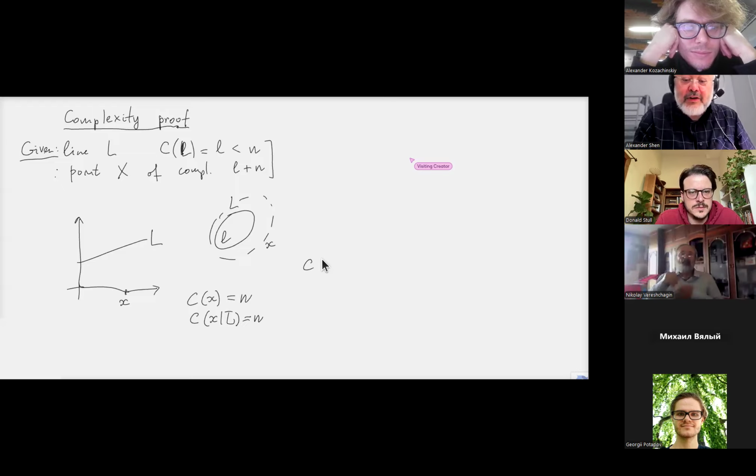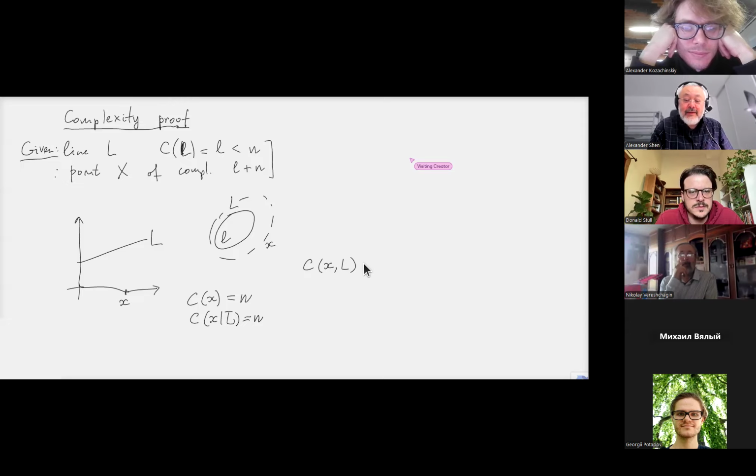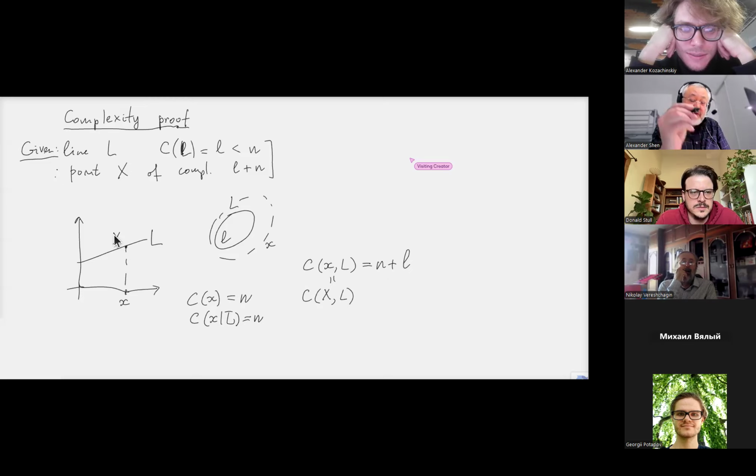So the complexity of the pair x, L is now n plus L. And actually, we can also note that the complexity of this pair is just the complexity of the point X, because when we know L, the point is the same as its first coordinate. But wait, you have two different x's.